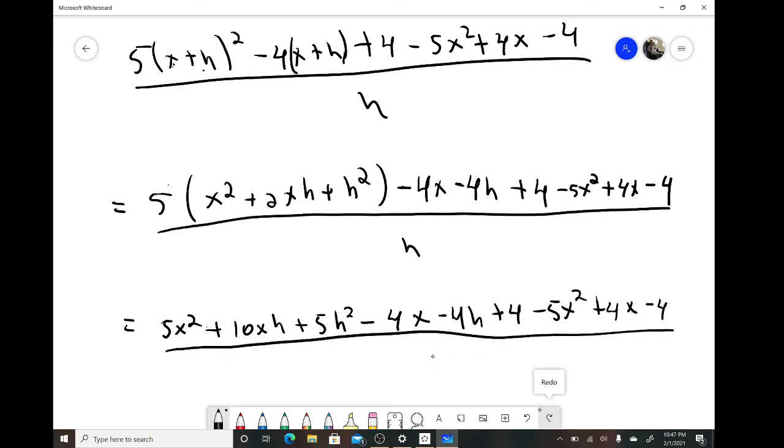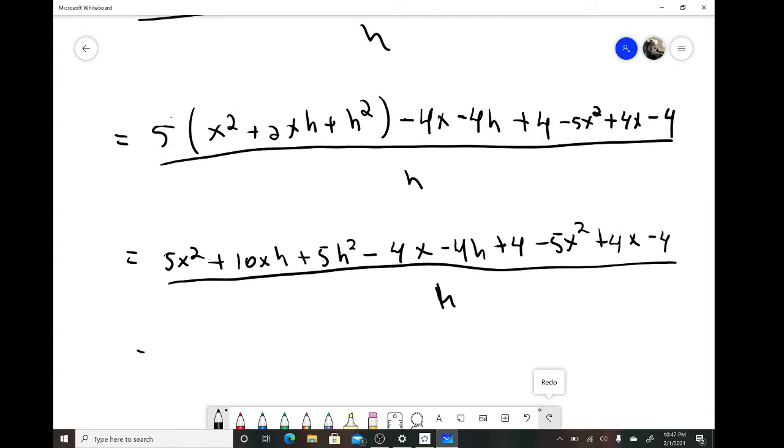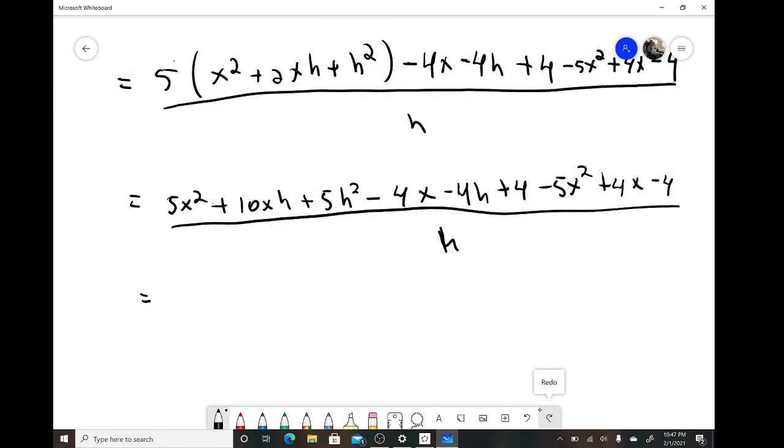And everything is divided by h. A lot of this type of problem comes down to bookkeeping. You want to make sure that you have done everything slowly and avoided making careless mistakes. A lot of students lose points in this type of problem because of careless mistakes. They don't pay attention to what they're doing. But that will not be you, hopefully.